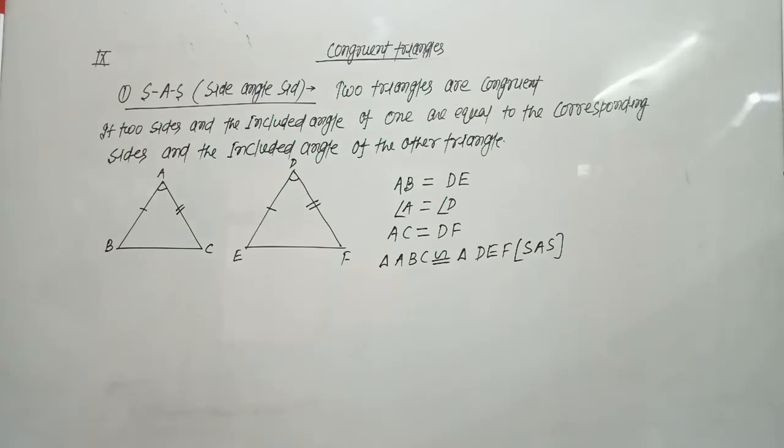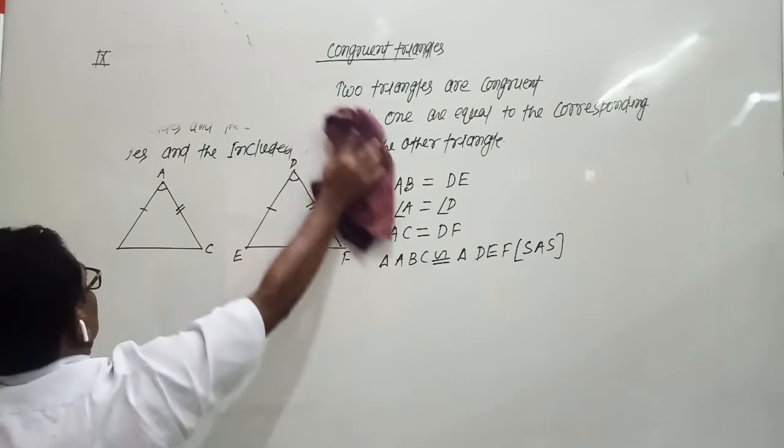Now we prove a theorem, which is based on the SAS criterion. Theorem 1: angles opposite to two equal sides of a triangle are equal.